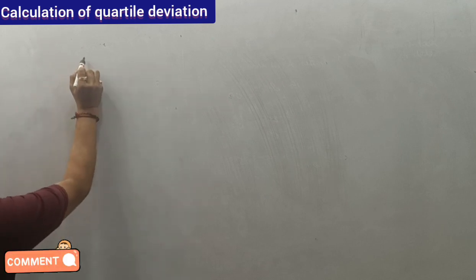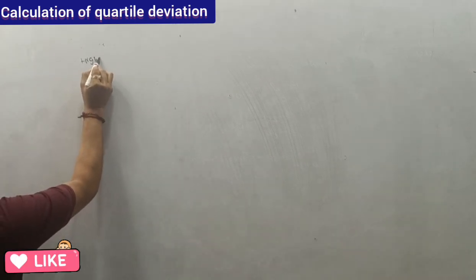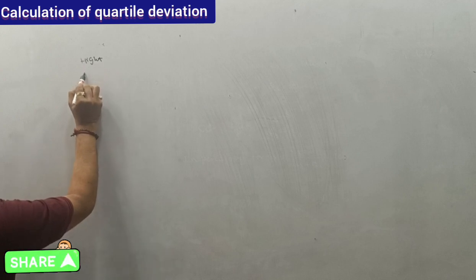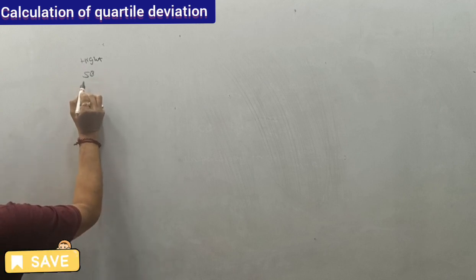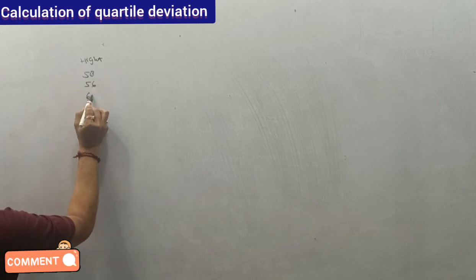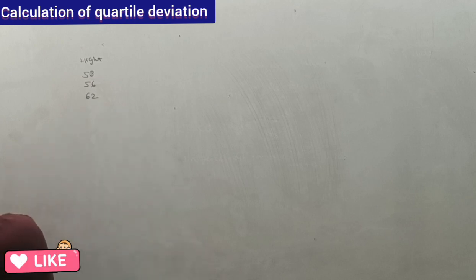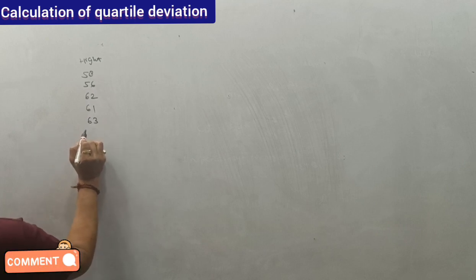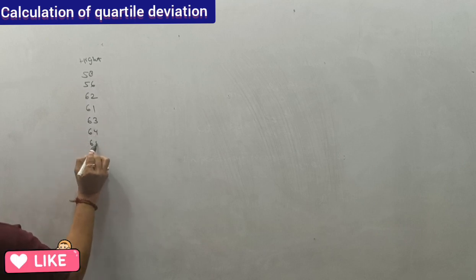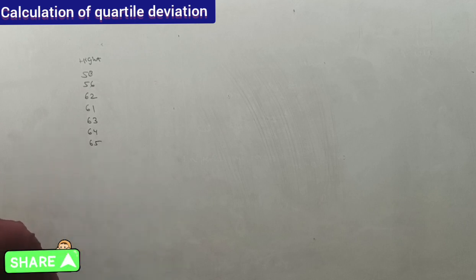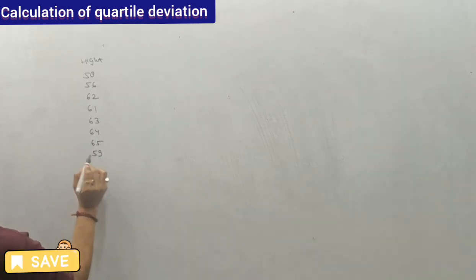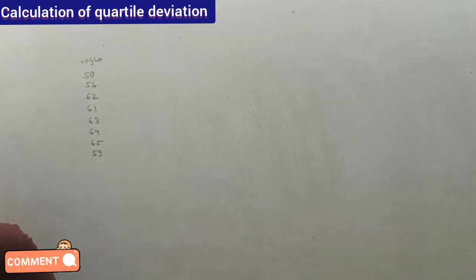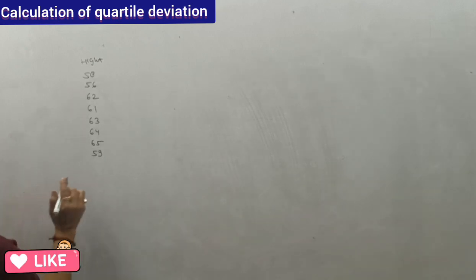One series contains height, given as 58, 56, 62, 61, 63, 64, 65, 59, 62, 65 and 55.